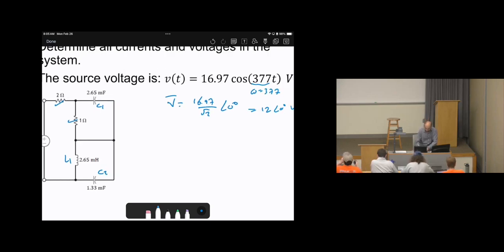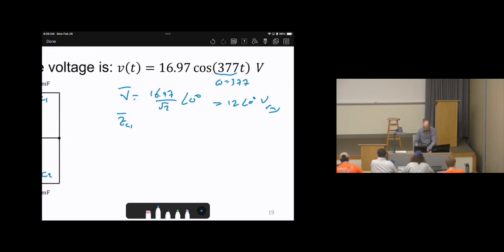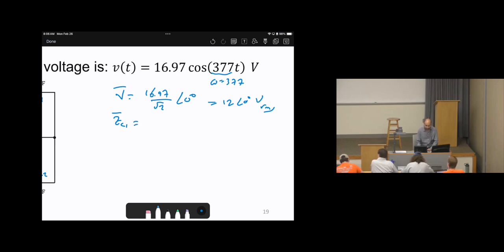So in order to find ZC1 bar, don't forget to put bars because all of them are complex quantities. According to our analysis, it will be 1 over j omega C, or in other words, negative j times 1 over omega C. Omega is given as 377 in the time domain expression.